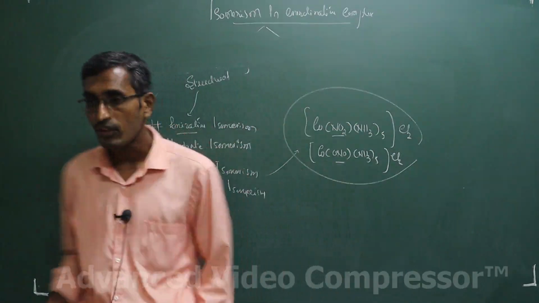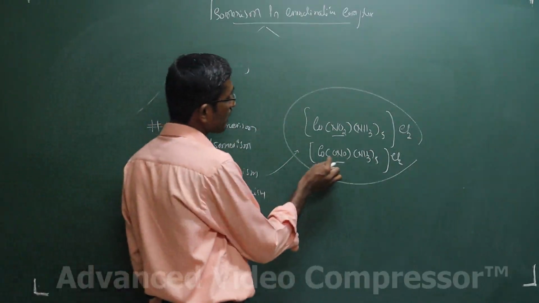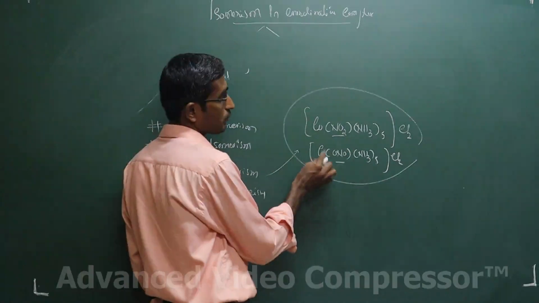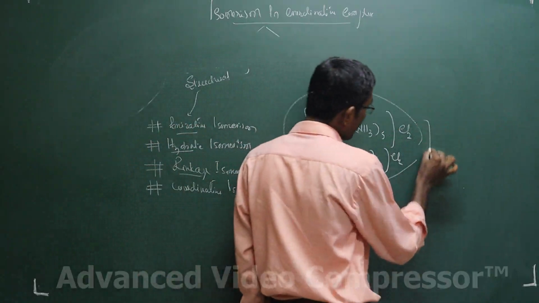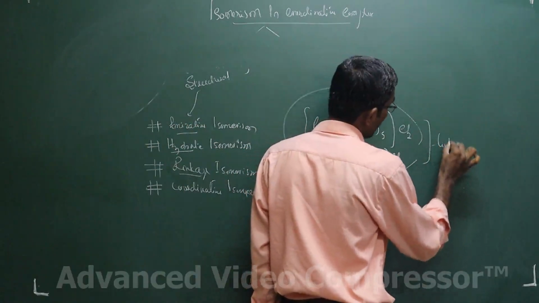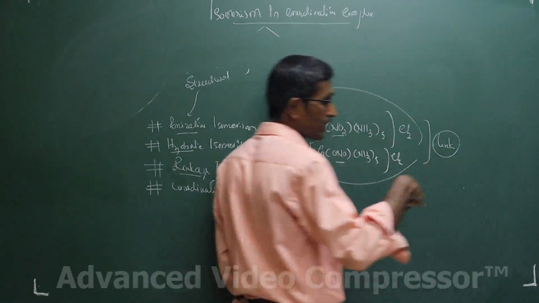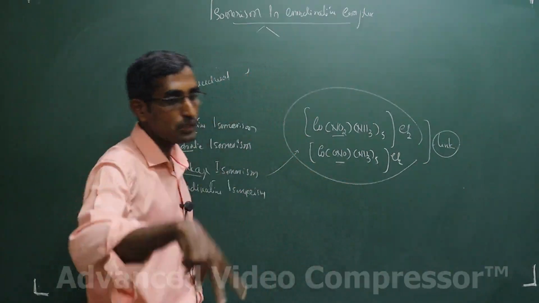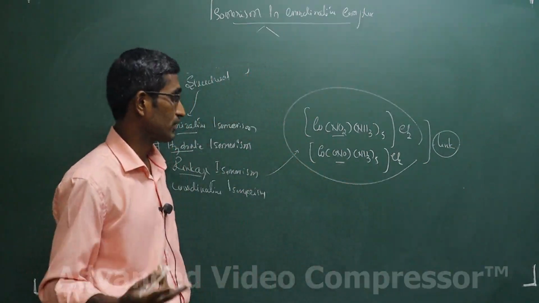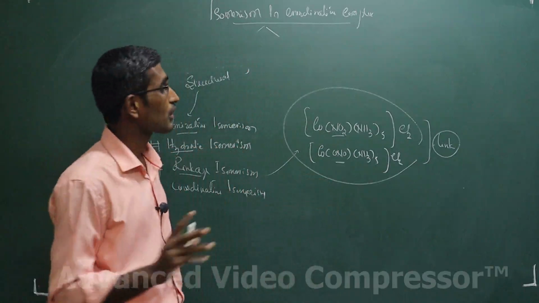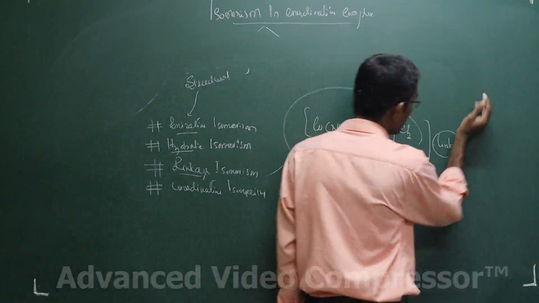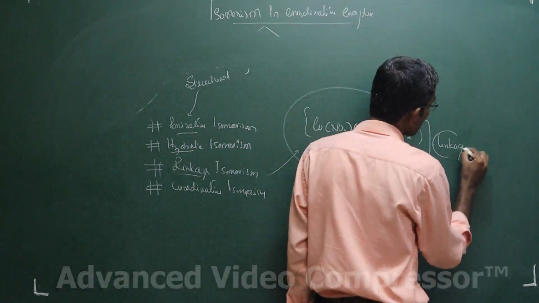In the second case, oxygen is the one giving the electrons to the cobalt atom. In other words, the link is different. The way in which the coordinating atom is linked to the central metal ion will be different, so this is linkage isomerism.